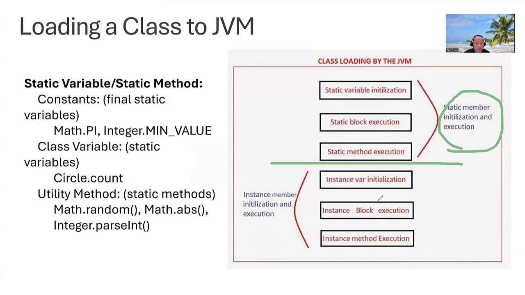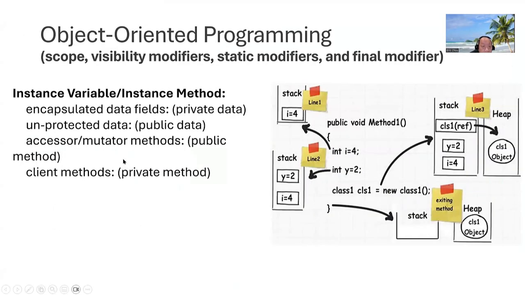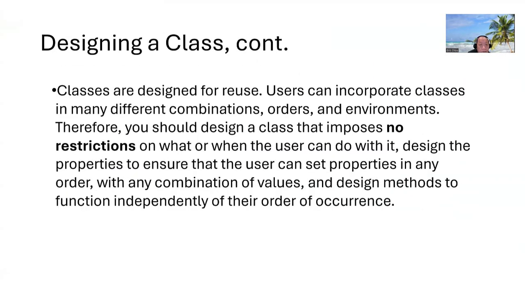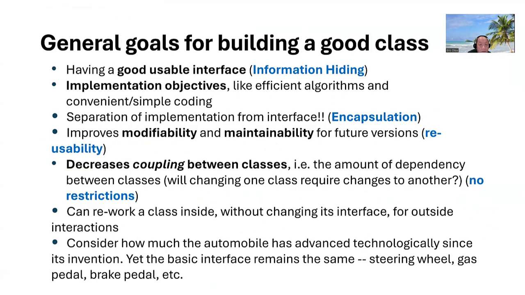Then you start to run your program, you go to your main function, and then your instance variables get created. So this is the order in which variables are created. Okay, so far so good.